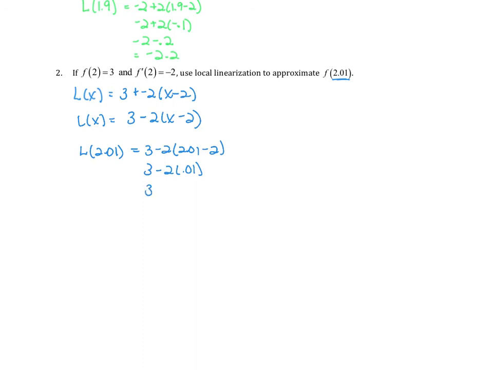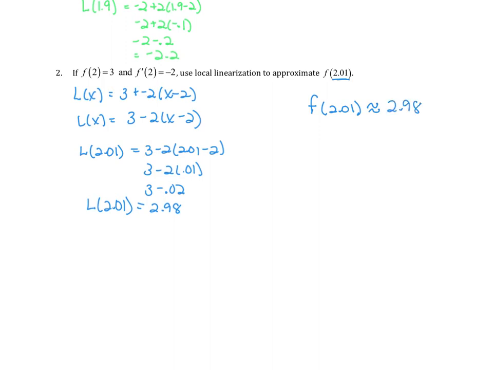So we get 3 minus 0.02. So we get 2.98. So the linear approximation at 2.01 for whatever this function happens to be would be 2.98. Now what we would write is that f of 2.01 is approximately equal to 2.98.